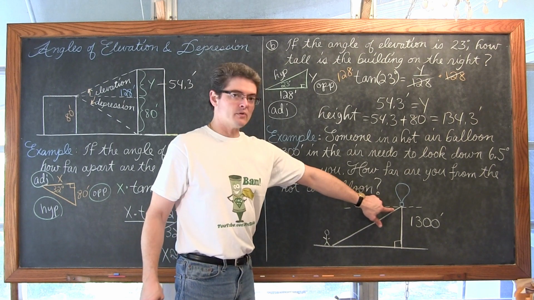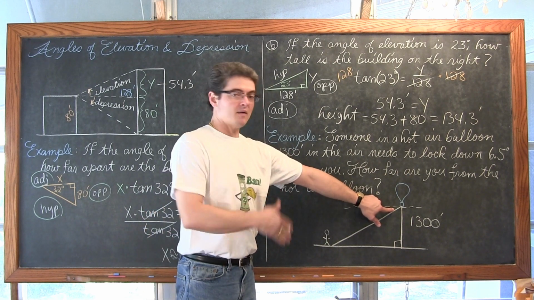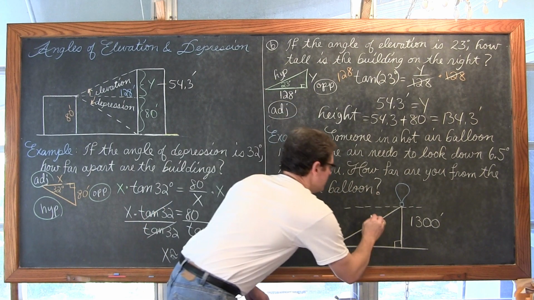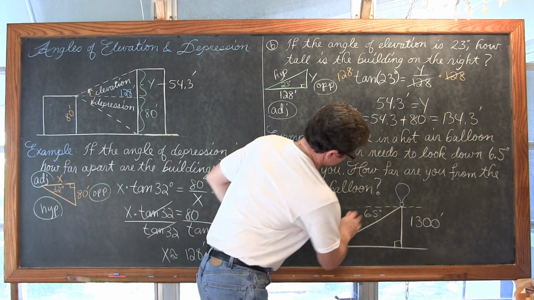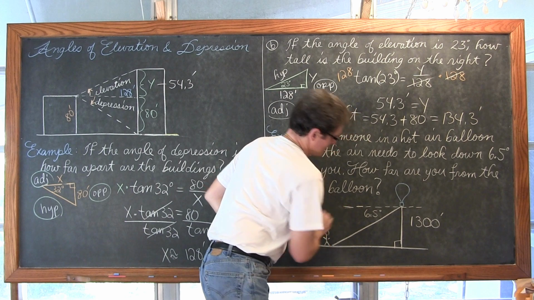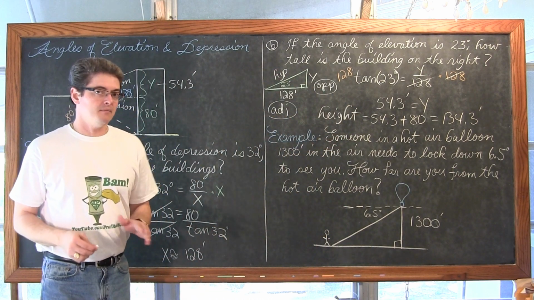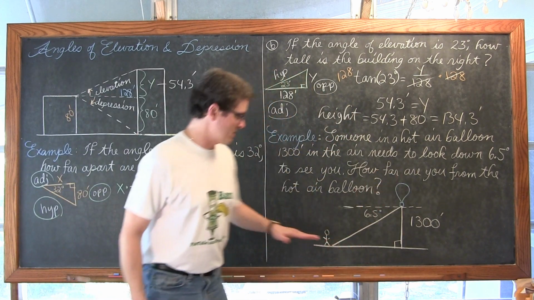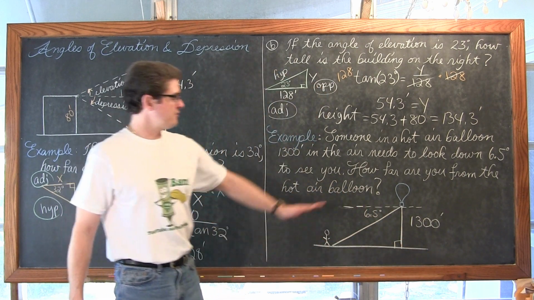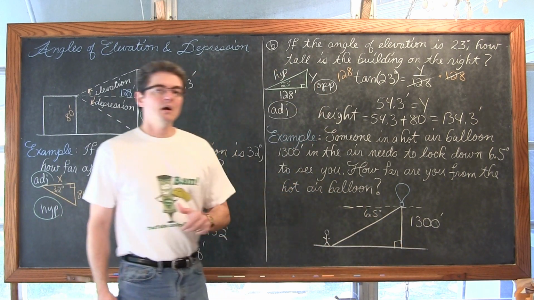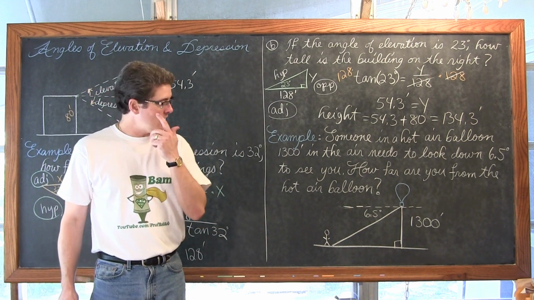So that 6.5 degrees must be them up in the hot air balloon, like the problem says, looking down at you. Barring some problems with my drawing, because we're doing right triangle trigonometry, we're assuming that we are standing on level ground. Angles of elevation and depression are always off the horizontal as well.